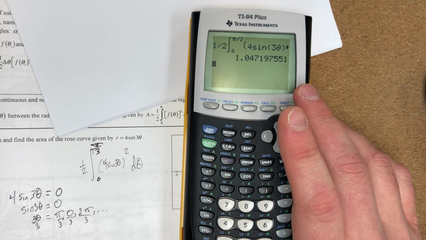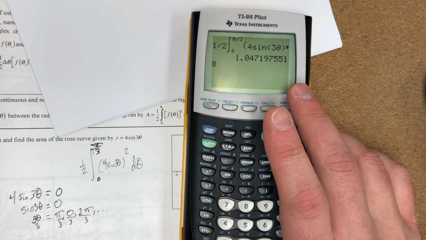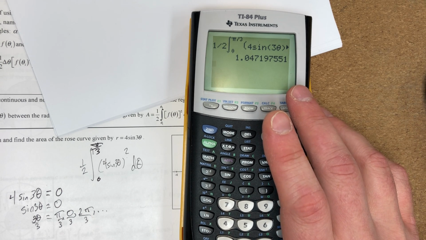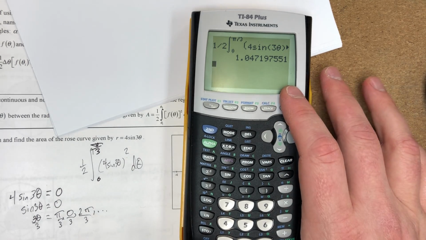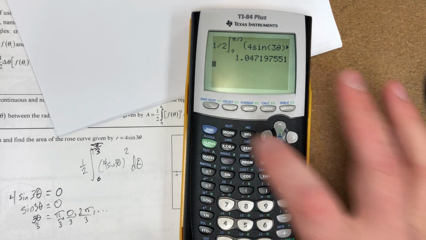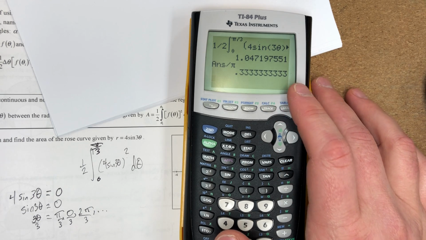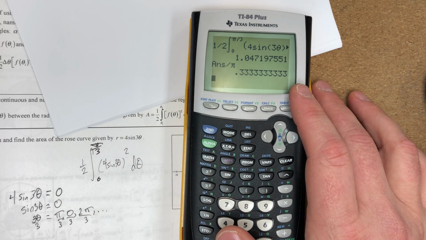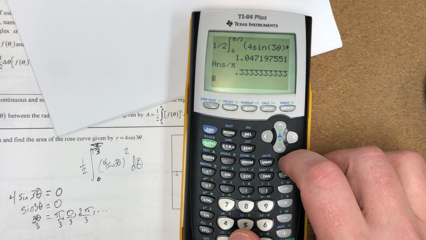So if I multiply this by, sorry, I'm just looking at Stu's answer. Did he get a different answer than us? I'm going to divide this by pi and see what the fraction is. Okay, so this is 1/3 pi. We get 1/3 pi as our solution, and then we'll multiply it by 3.